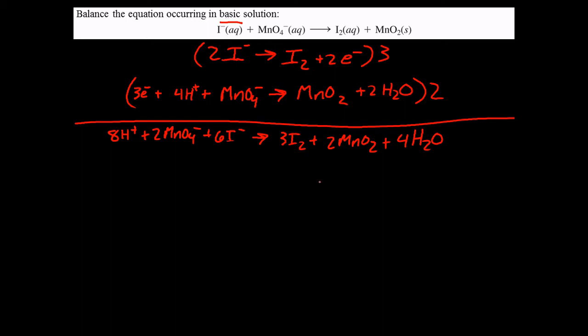And so to take that into account, again, after we do everything else exactly the same, we're going to see how many H pluses I have on one side. In this case, I have 8, which is quite a few, on the left side. And I'm going to add that same number of OH minuses to both sides. 8 OH minus on the left, 8 OH minus on the right.